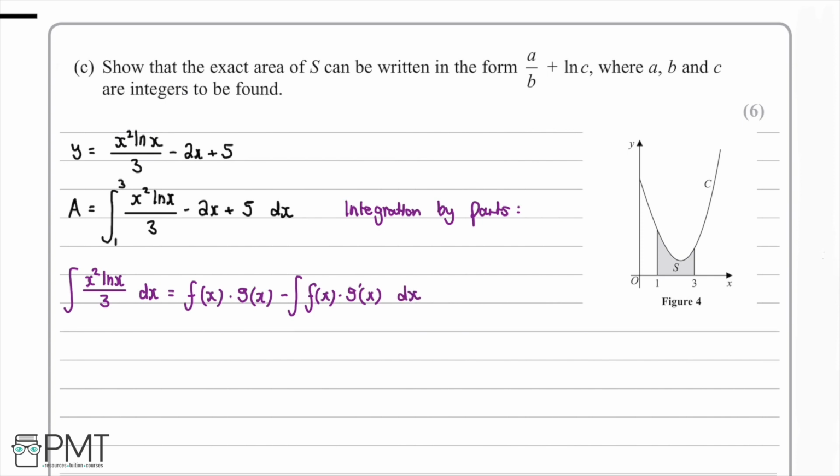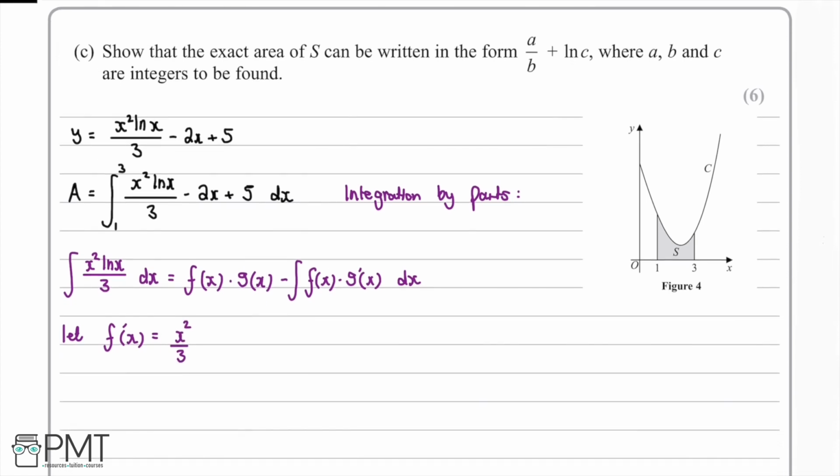So now we need to assign an f of x and a g of x. We're going to let f dash of x be equal to x squared over 3, and then we're going to let g of x be equal to ln of x.